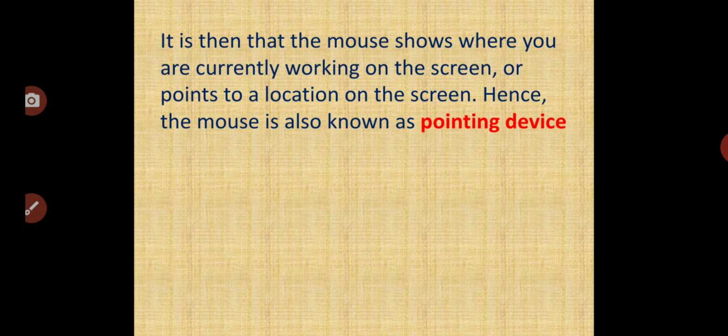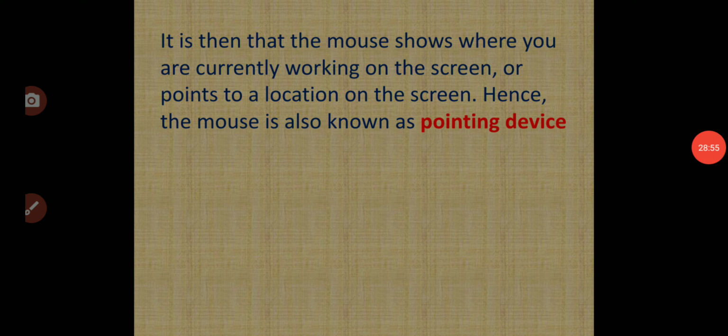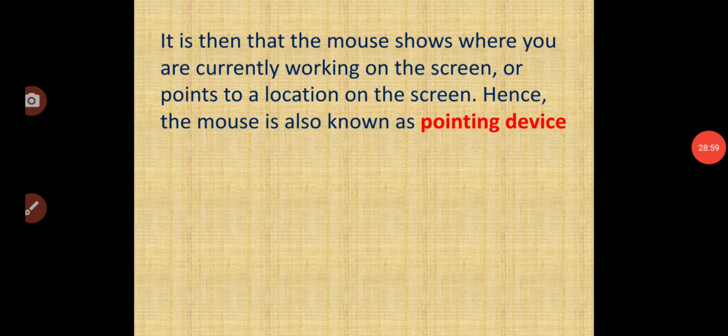Then we learn two input devices, keyboard and mouse, processing unit CPU, and output devices monitor and printer. Then we learn about the two input devices in detail, meaning keyboard and mouse. Okay, we will learn this much today.